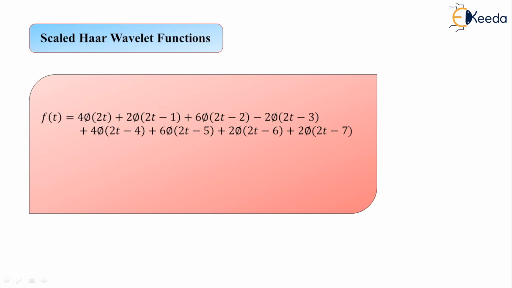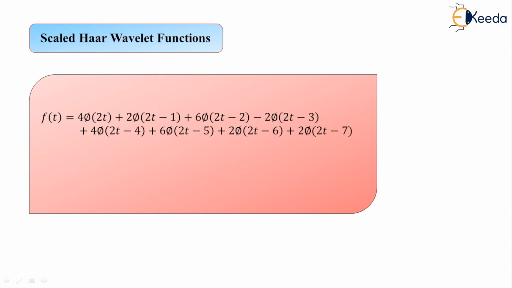Now here we can make one observation, that the signal segment in the first unit interval can be represented using the basis of V0 and W0, because what we observe, there is a drop in the amplitude level also here.